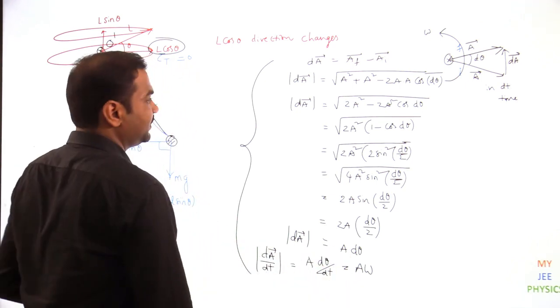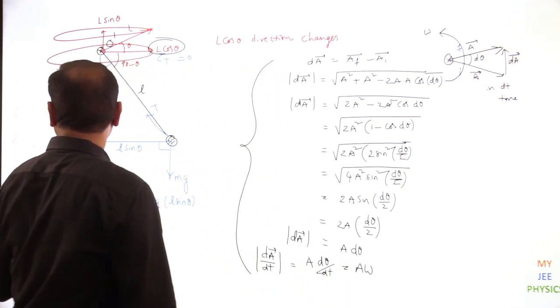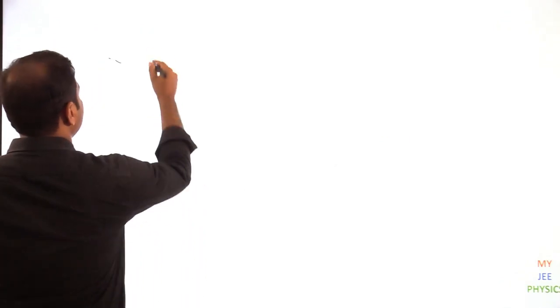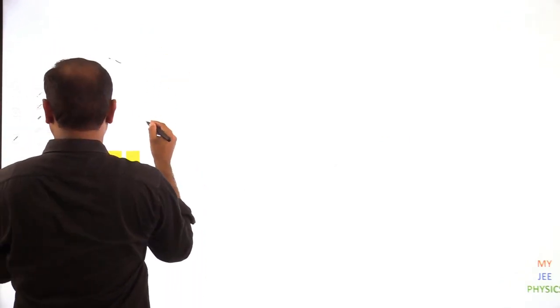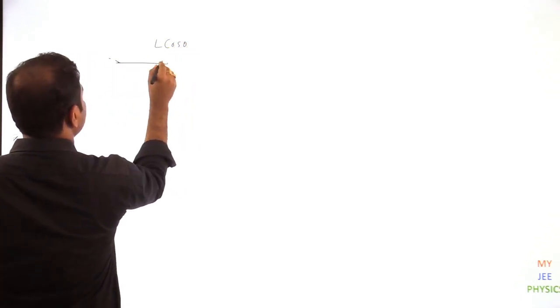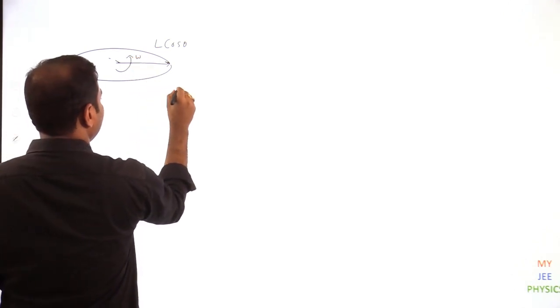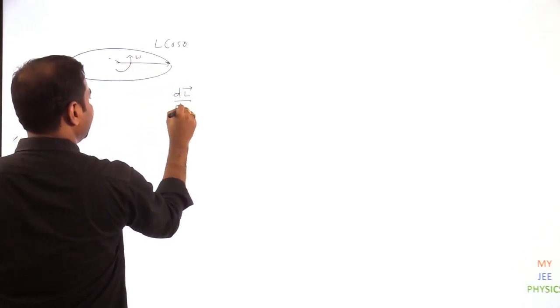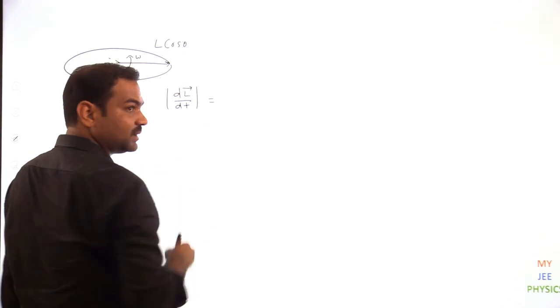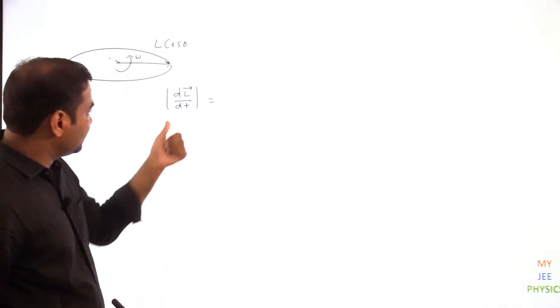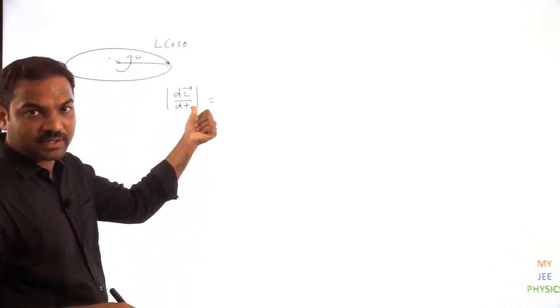So let us apply the same thing to the other part. We know that the L cos theta vector is revolving, something like this. Revolving with what angular velocity? Omega. So I can write the magnitude of dL bar by dt that I want to find out. Why are we finding the rate of change of angular momentum?